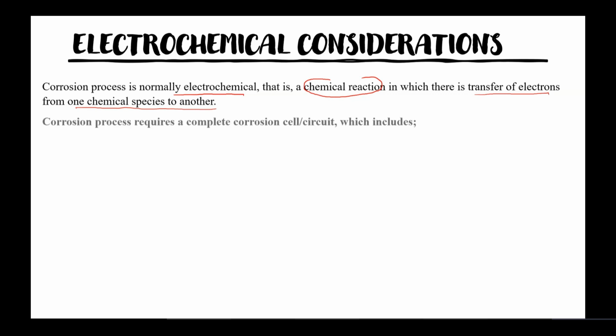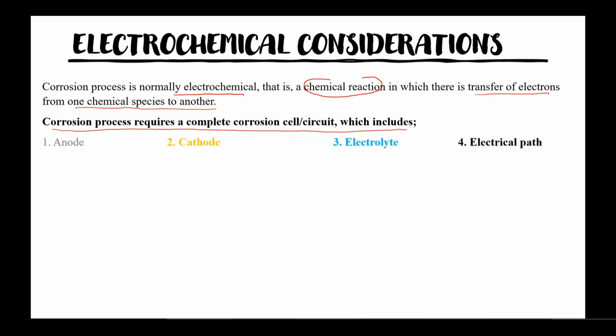A corrosion process requires a complete corrosion cell and circuit, which includes these four components. So presence of anode, cathode, electrolyte, and electrical path. These four components are necessary for corrosion to take place. And we'll look into these components one by one.